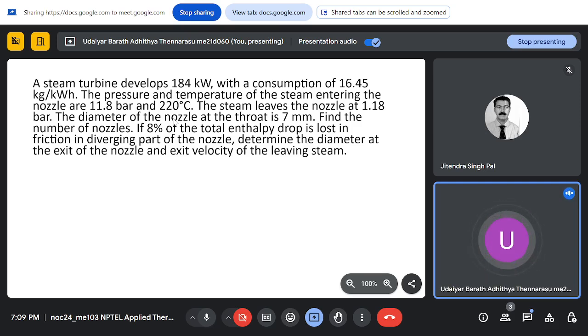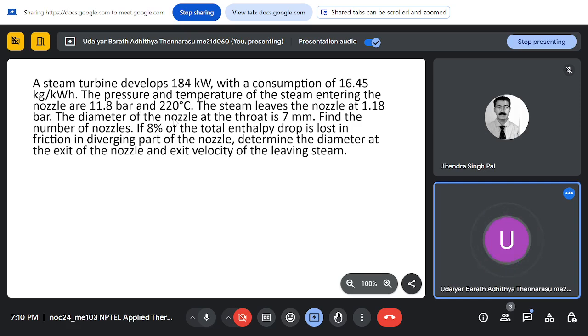Next, they are saying that the steam is entering the nozzle at 11.8 bar and 220 degrees Celsius, and the steam leaves the nozzle at 1.18 bar. So, across the nozzle we know the pressure and the inlet temperature, and the diameter of the nozzle at throat is 7 mm. So, this is the description of the nozzle.